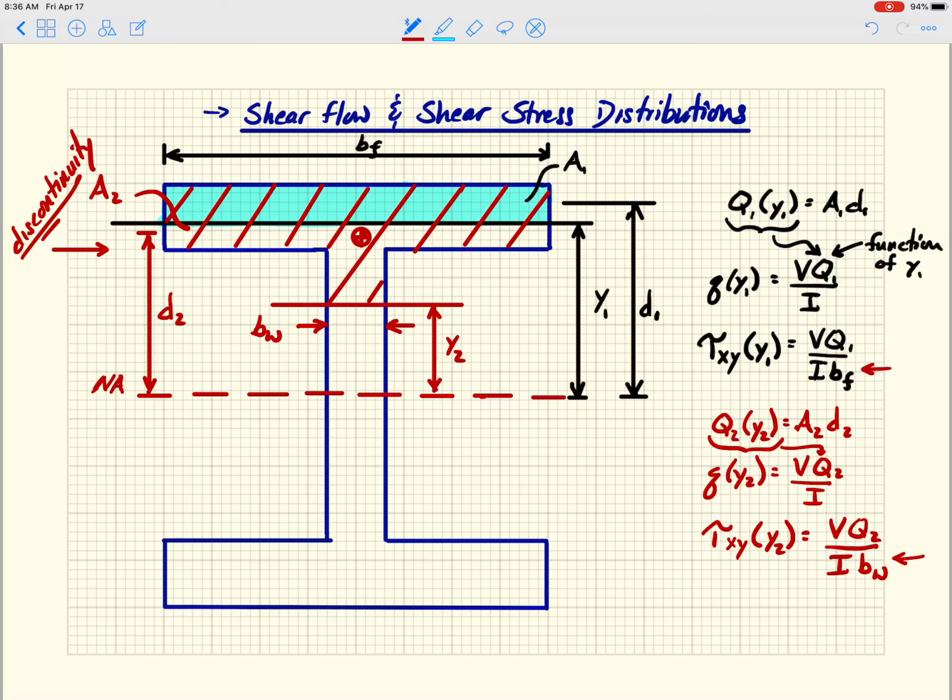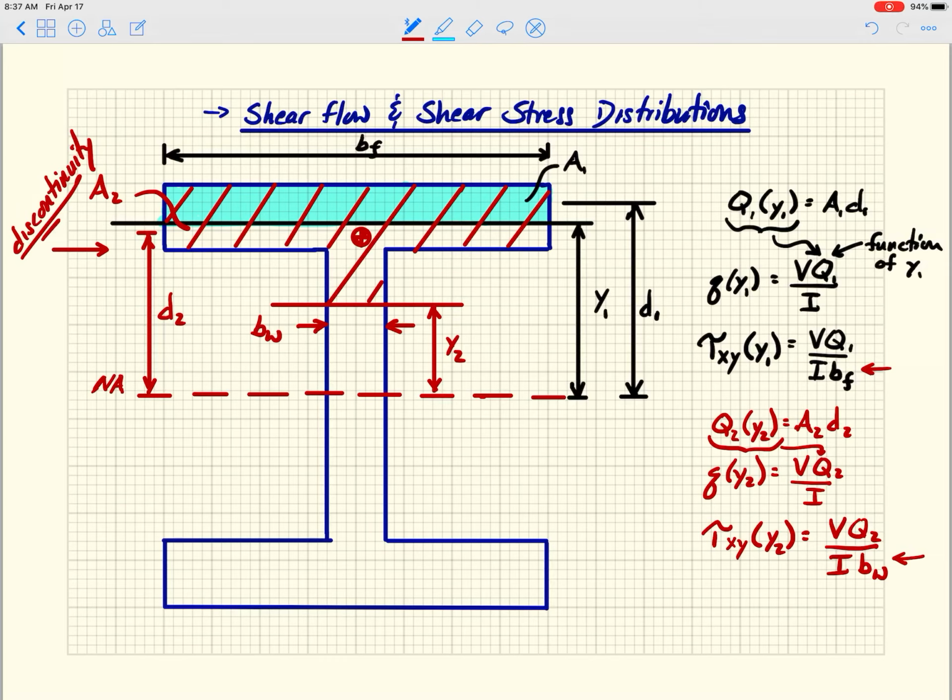And in fact, I'll show it in the next slide. But the discontinuity comes in with tau xy, and the reason it comes in is because all of a sudden I'm taking the shear flow, and instead of dividing it by this large B sub f, which is going to reduce it significantly, I'm now dividing it by a relatively small B sub w, right?